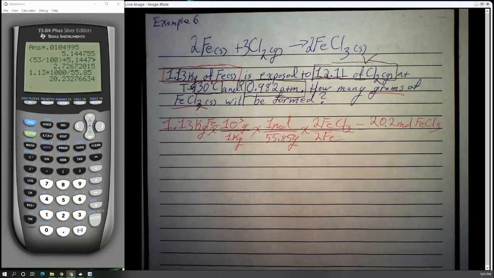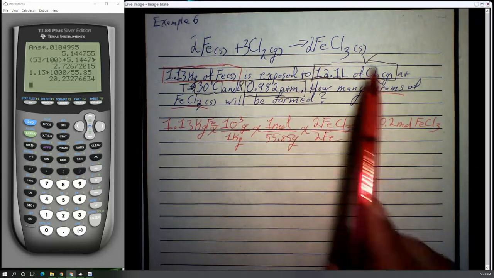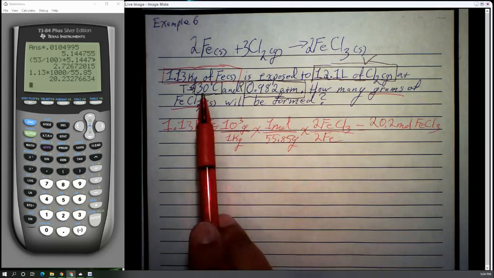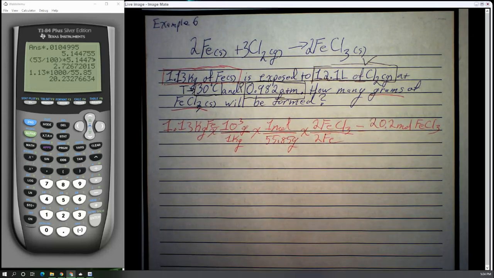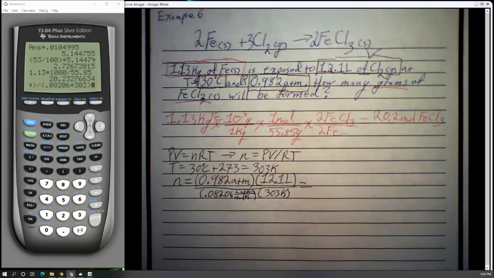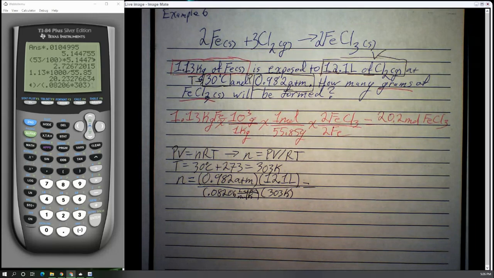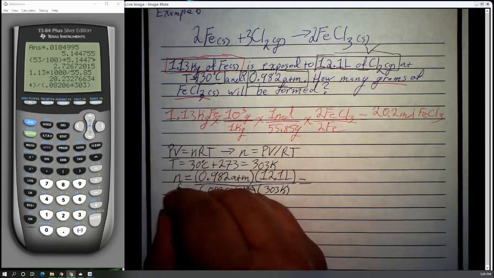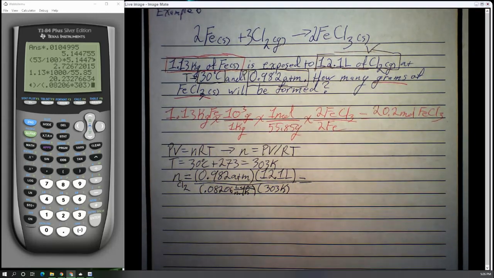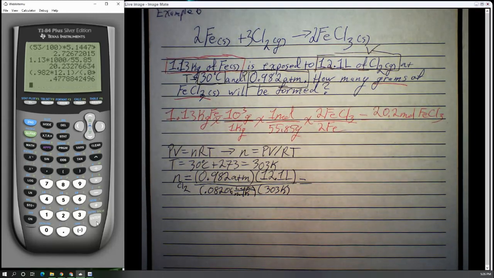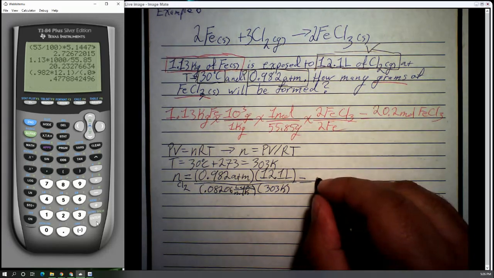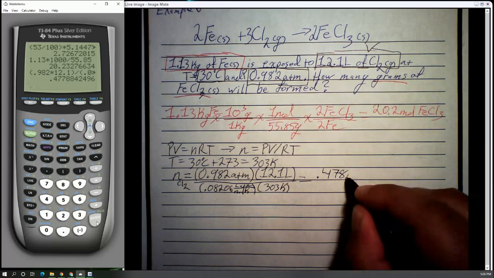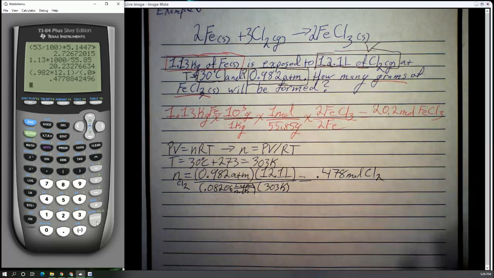Now, we do need to get to moles of iron chloride from moles of chlorine, so we're going to have to do the ideal gas law to start. All right, so I've gone ahead and rearranged the ideal gas law here, and this will get us to moles of chlorine gas. Substitute that in, and we'll get 0.478 moles of chlorine gas.